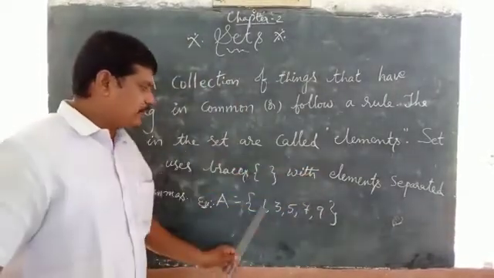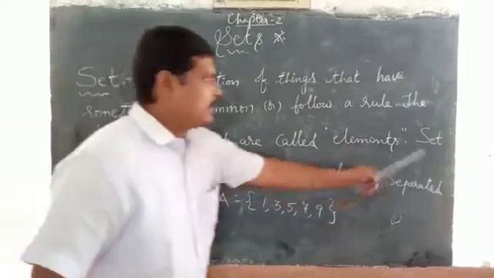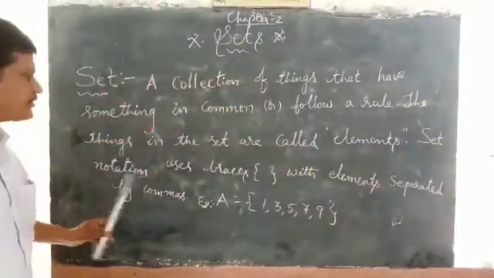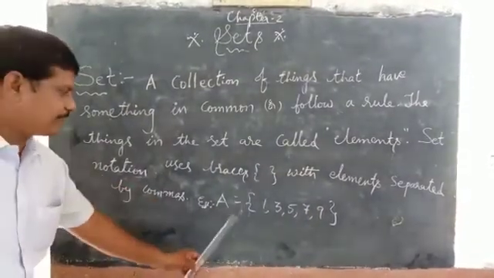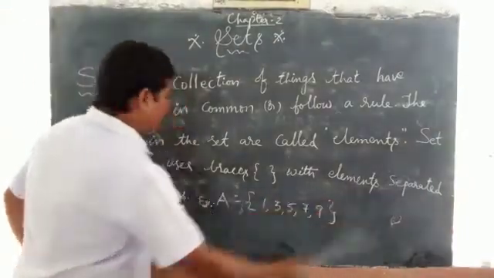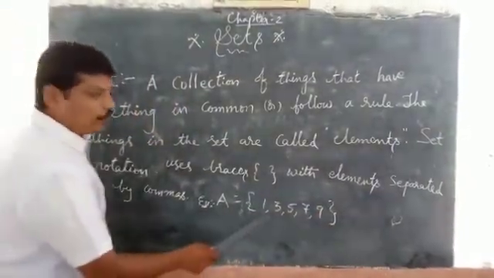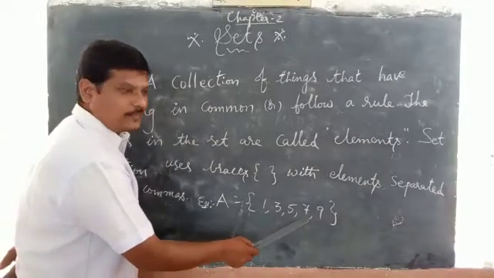Here 1, 3, 5, 7, 9 are called elements. A set notation uses braces, that means curly bracket or flower bracket, closed on both sides, with elements separated by commas: 1, 3, 5, 7, 9.